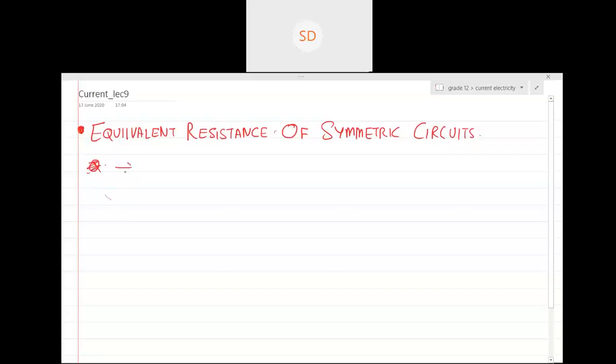One advice is to use nodal analysis. Please remember, you can use KVL as well, but my preference is nodal. Use nodal analysis to solve symmetric circuits generally.